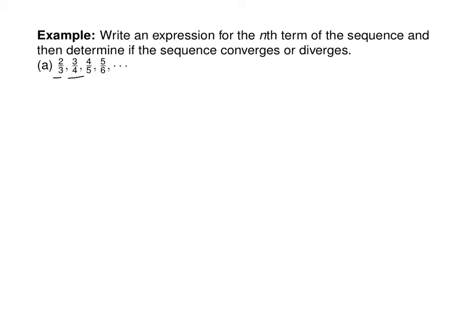Now it looks like the numerator is, in this case, you can think about that as 1 plus 1, 2 plus 1. So we can think about the numerators as being n plus 1. With the first term, the numerator is 1 plus 1, which is 2. Second term is 2 plus 1, which is 3. 3 plus 1, which is 4. Now the denominator looks like it's the nth term plus 2.